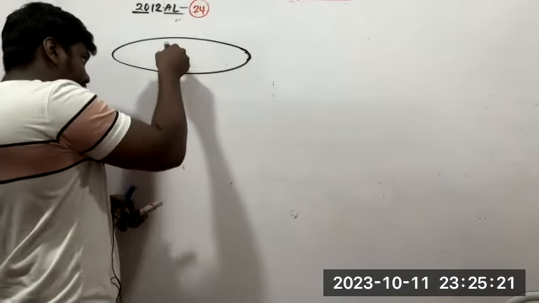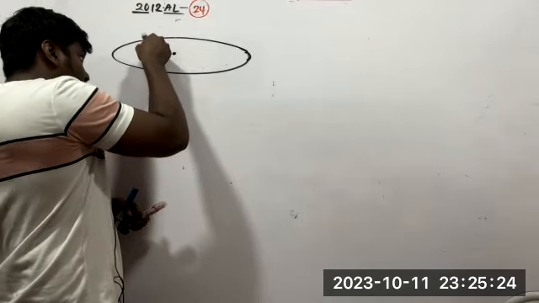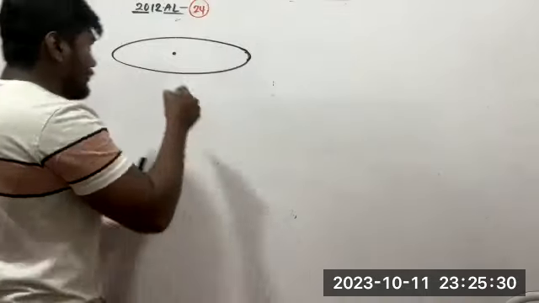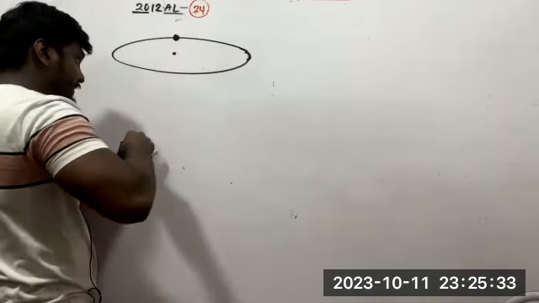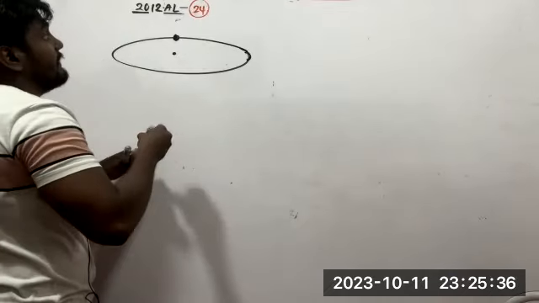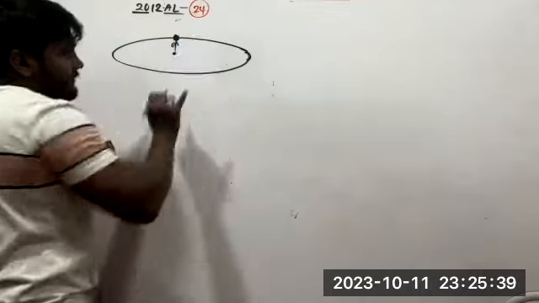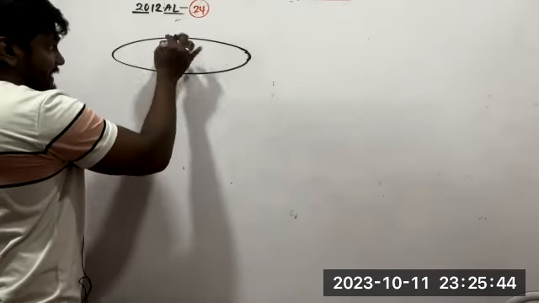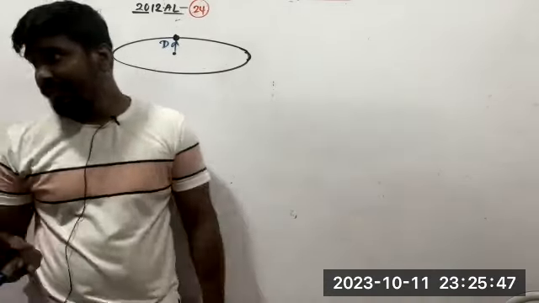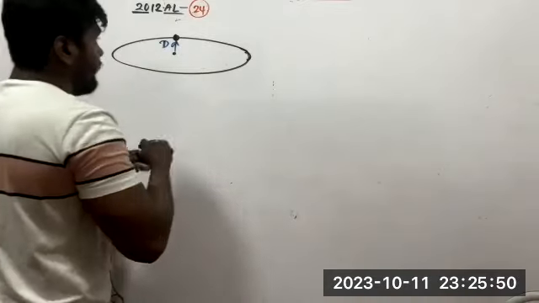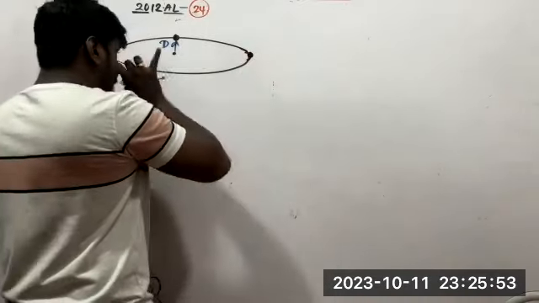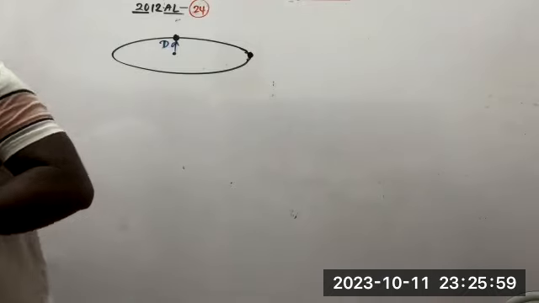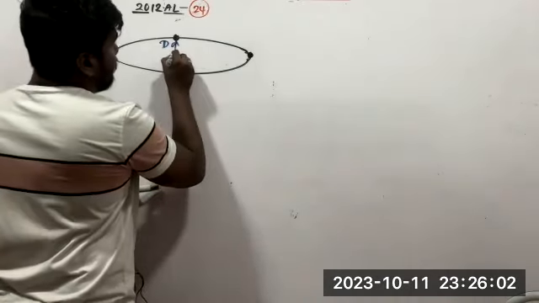Elliptical motion means the distance from the center to different locations of the object is different. Suppose the object is somewhere here, the distance from the center of the elliptical orbit is given as D. This data is missing in the book. When the object is somewhere here, the distance from the center is 4D.